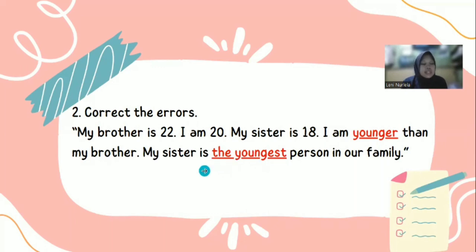Because this is the superlative. What is the superlative? Superlative compares one part of a group with the whole group. One of the group is my sister, and the whole group is our family.